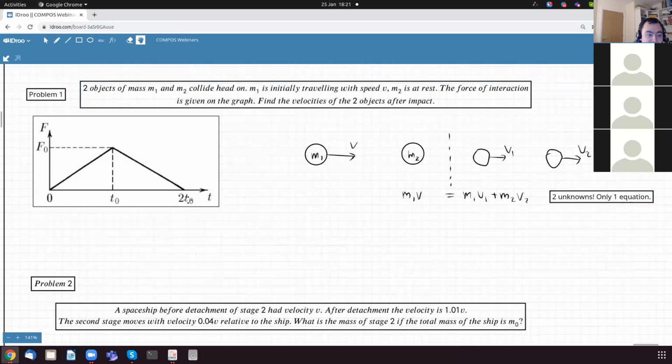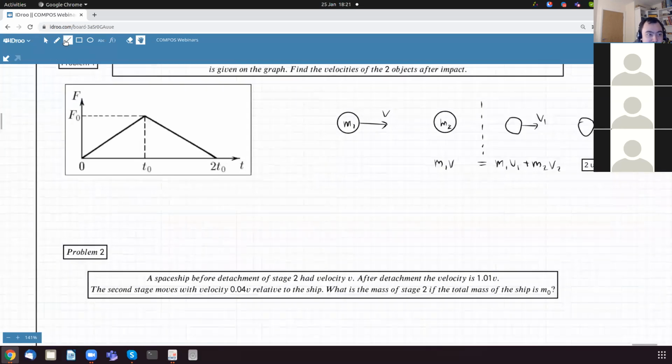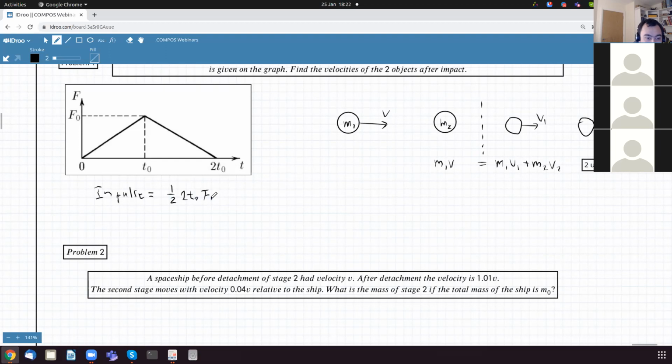So let's calculate the impulse delivered for the two balls. Impulse is the area. So it's half base times height. So it's 1/2 multiplied by base, which is 2t0, multiplied by height, which is f0.